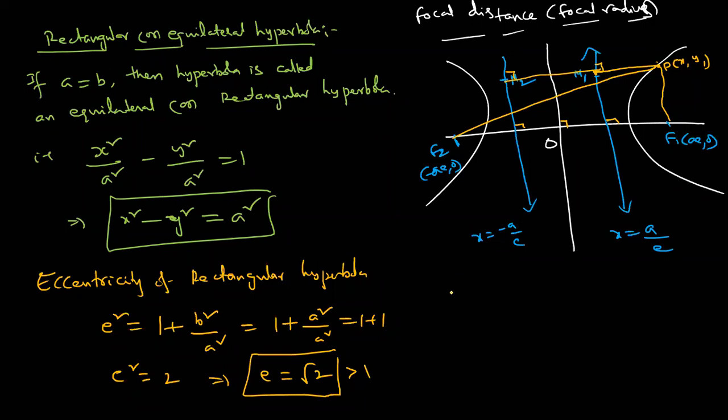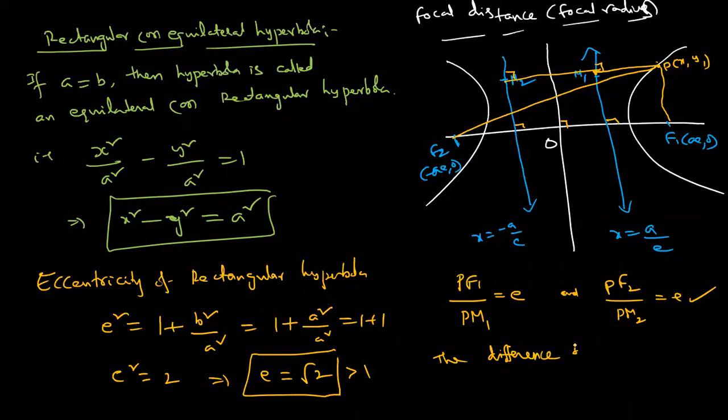What is the definition? PF1 by PM1 is how much? e. Same thing, and PF2 by PM2 is how much? e. So please write this one. So the difference of focal radii.